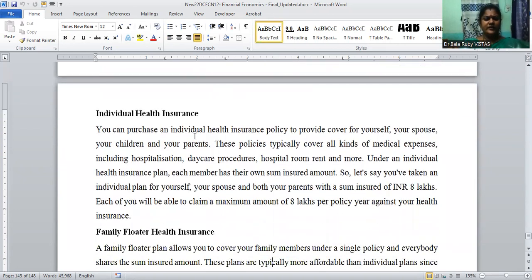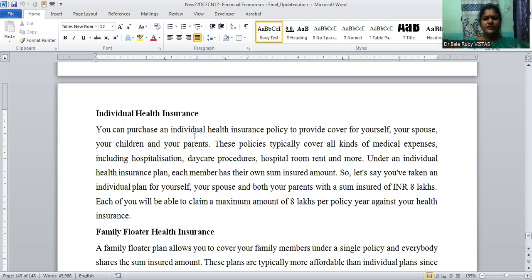Under individual health insurance, we can purchase a policy to provide cover for ourselves, our spouse, children, as well as parents. These policies typically cover all kinds of medical expenses, including hospitalization, daycare procedures, hospital room rent, and more.